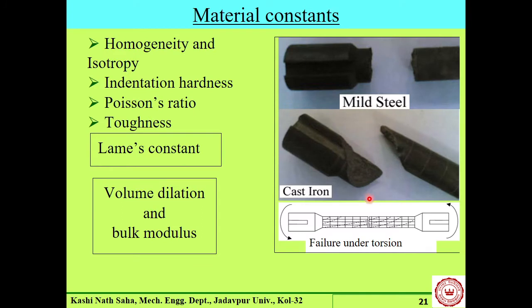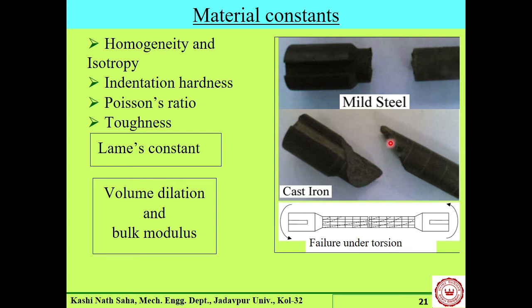In the torsion test, there are two grips, but it is not a tensile load which is given through these two grips. Rather, one grip is fixed, the other grip is rotated. So you are applying a torsion on the specimen, and there would be failure ultimately. Again, the nature of failure for a ductile material like mild steel and a brittle material like cast iron would be different.